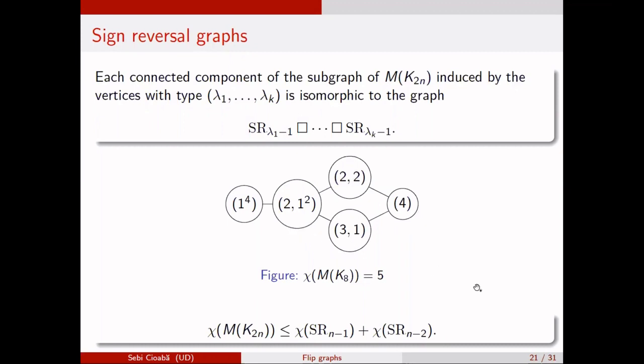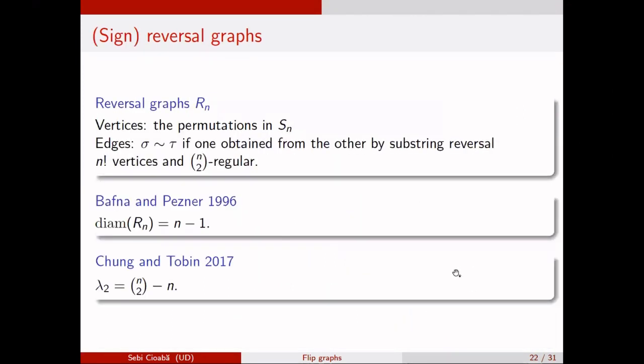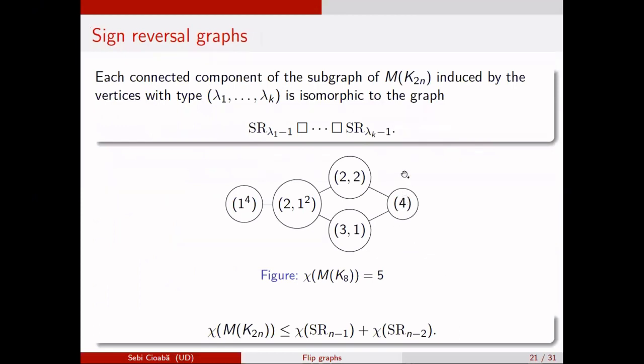So then it's a relatively easy upper bound to prove that the chromatic number of MK2n is at most the chromatic number of the sign reversal of n-1 plus that of n-2. Here, for example, at the end, you have the sign reversal of n-1, so that's where you use these colors.